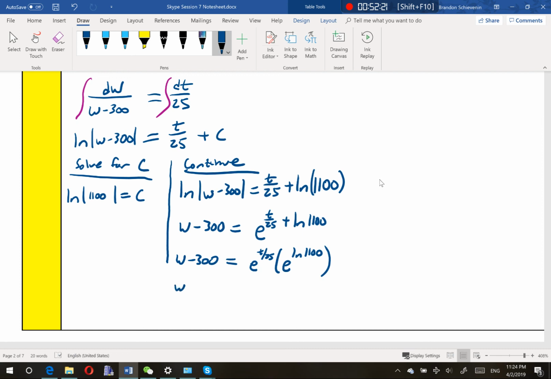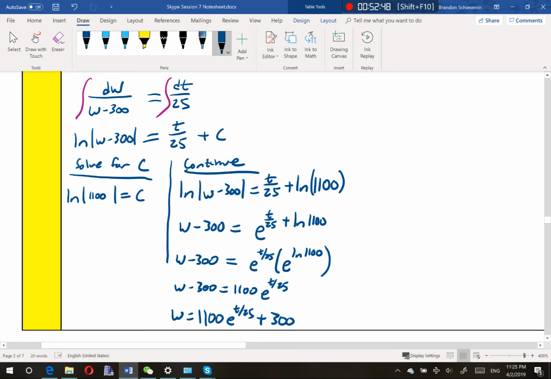So this is w minus 300 is equal to 1100 e to the t over 25, or w is equal to 1100 e to the t over 25 plus 300. That should be our answer.